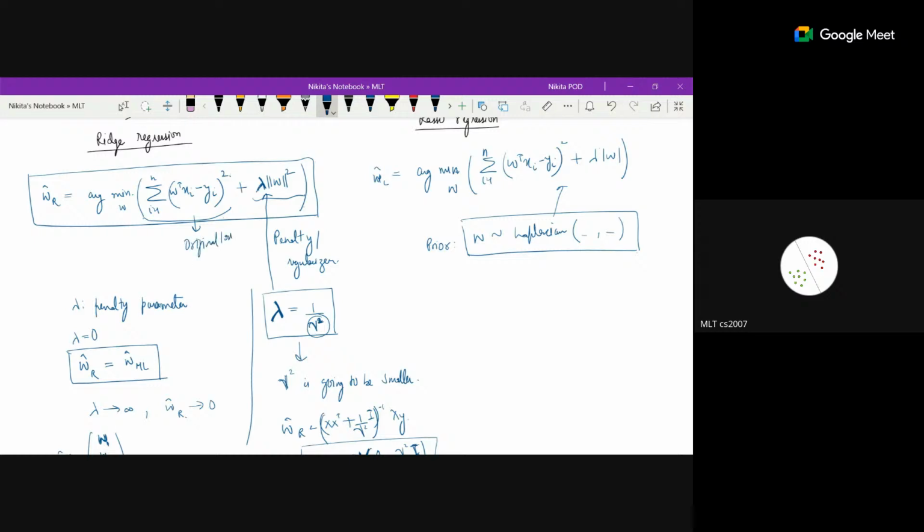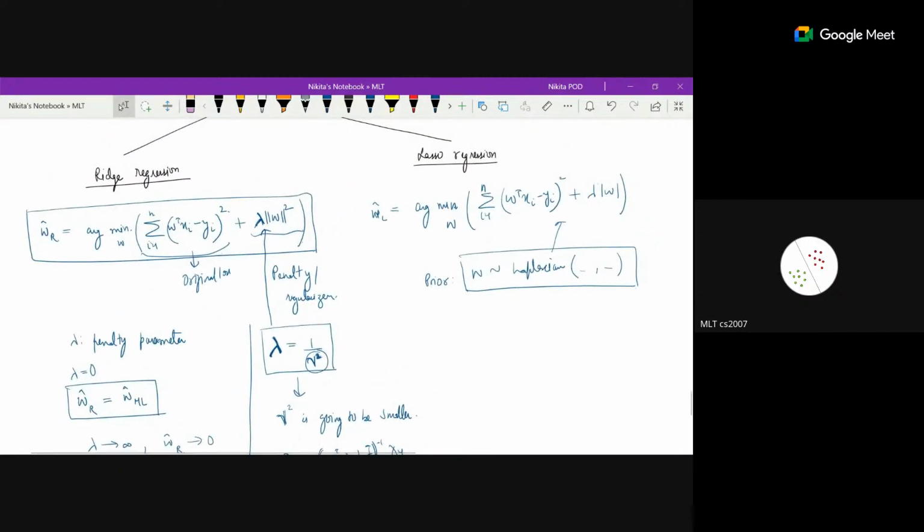But as you increase the value of lambda, it tries to push more and more W towards 0. That's all it says. Again, it will depend on what lambda you got after cross validation and hyperparameter tuning.